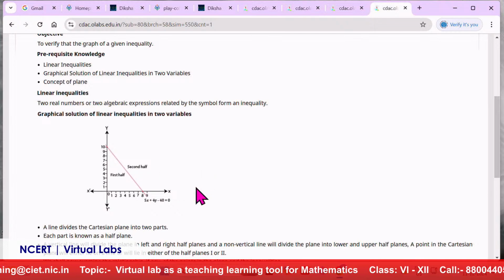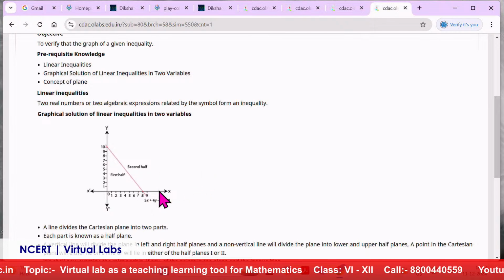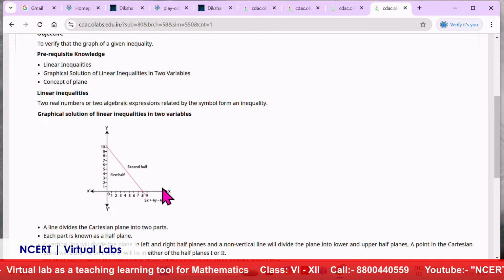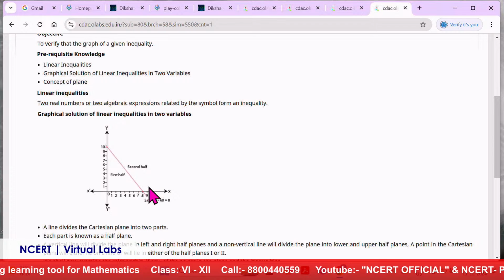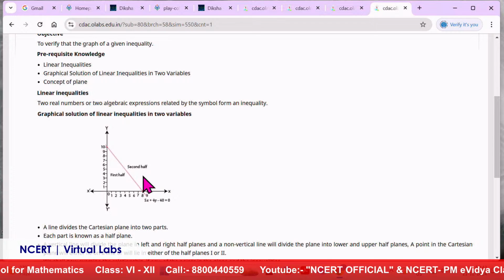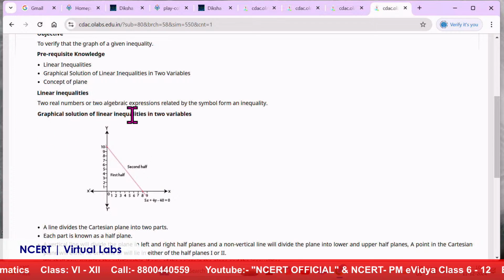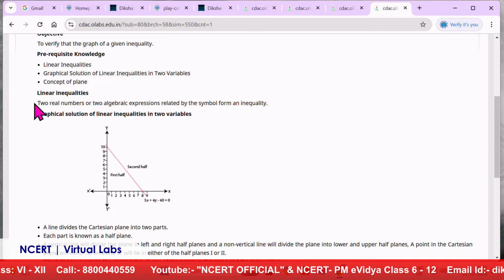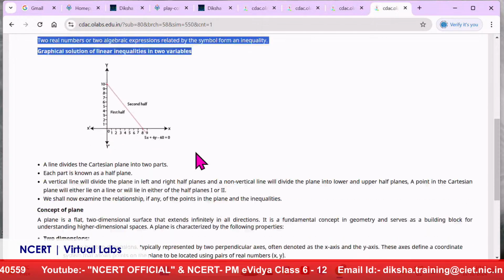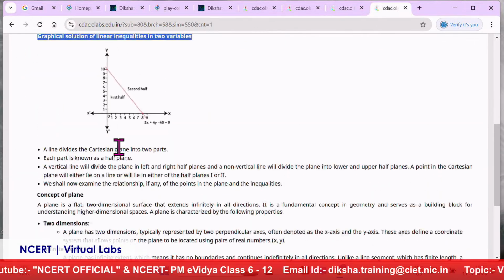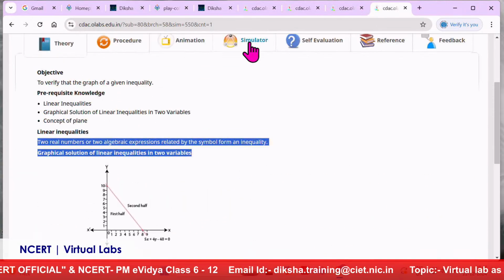The students are not able to understand the meaning of inequality. Here in linear inequalities, we have to compare the equations. Linear inequalities of 2 real numbers and 2 algebraic expressions are related by the symbol formed by an inequality. So, not wasting any time, I am going to the simulation.